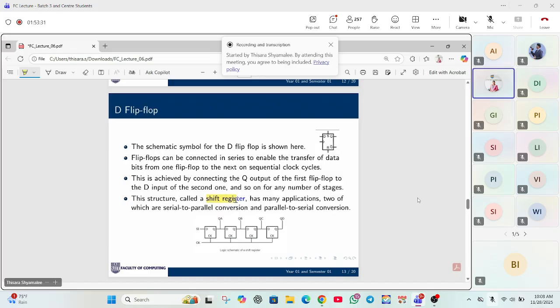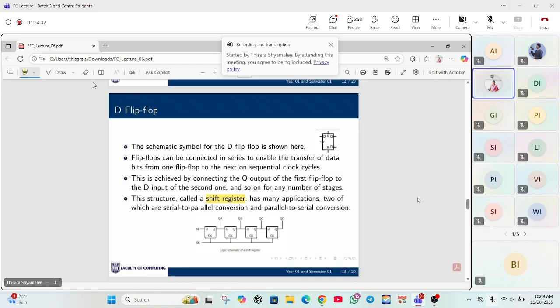So registers are built with the support of these flip-flops.